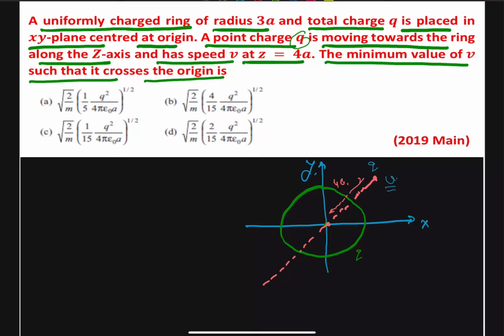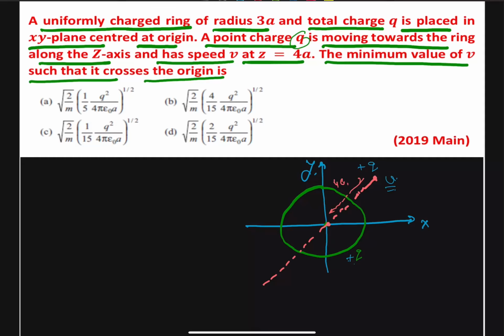So it should be able to cross the origin, and we need to find that particular velocity. In this case, we have to remember that the charge on the ring is plus q, and the point charge is also plus q. So there will be a force of repulsion between the two, or we can say the ring is going to produce a potential barrier along the z-axis.